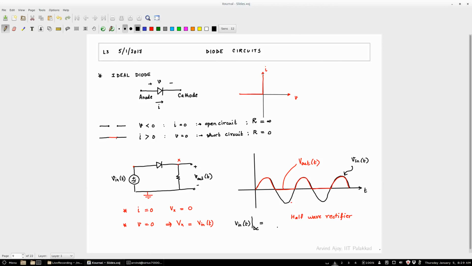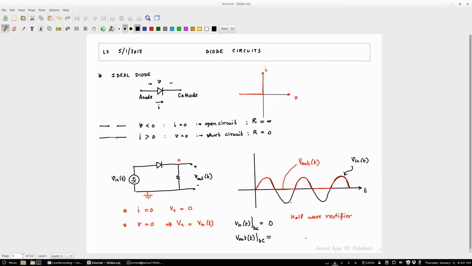What is the DC component of the black signal, Vin? What is the DC component of a sinusoid? Siddharth, what is the DC component of a sinusoid? 0, right?